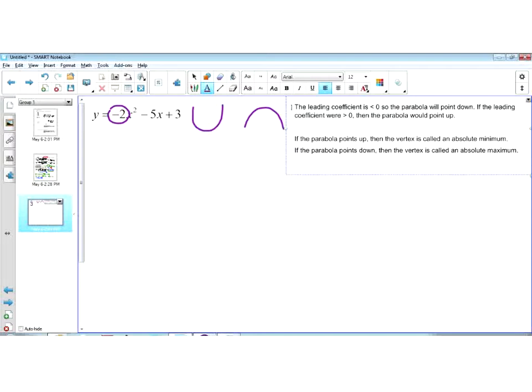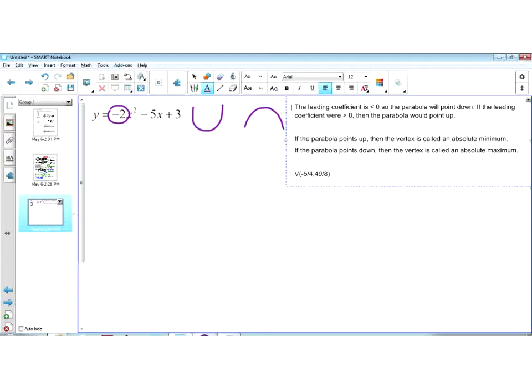Do we have any other things that we need to know? Oh, yes, one other note. The vertex happened at which point? It was, I'm sorry, -5/4, 49/8.